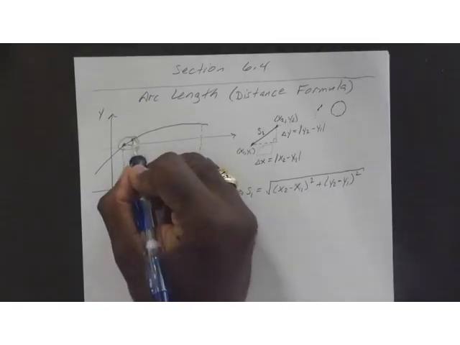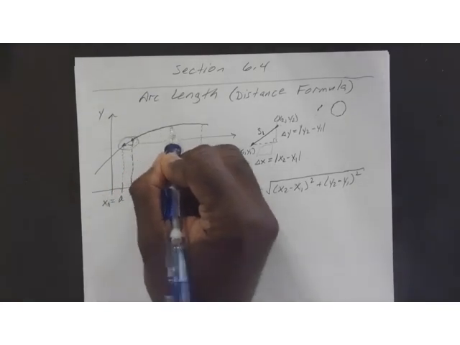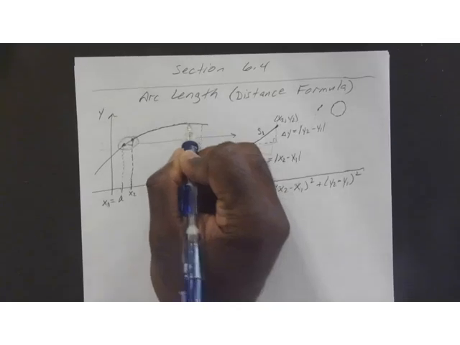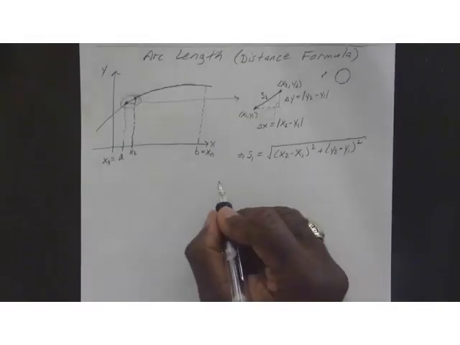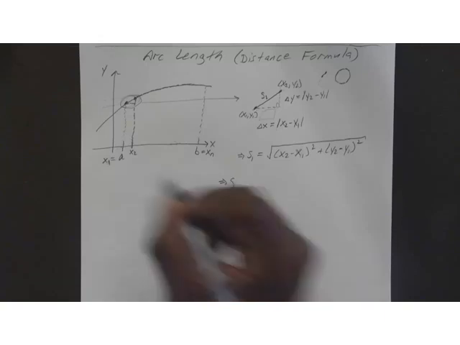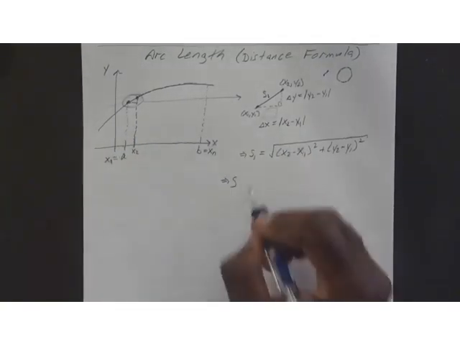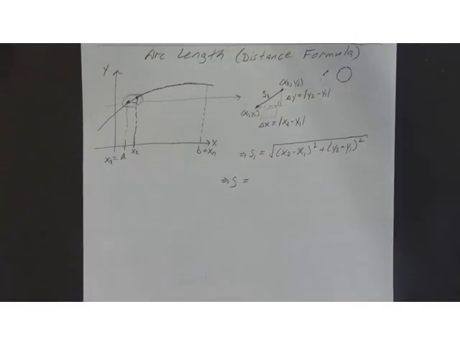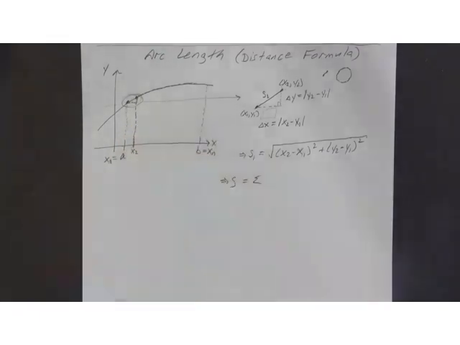But now we have to do the same thing for this line, and this line, and this line, and this line, and this line, and all the little itty bitty lines that we connected and made short enough to where they can create a circle or arc. So that curve, the entire curve between A and B, we'll call that S. Okay, and that's just equal to adding all of those straight lines up.